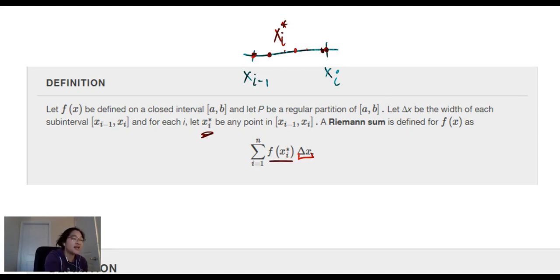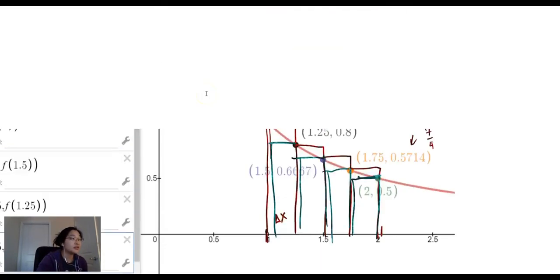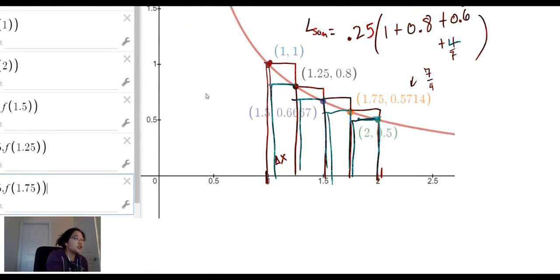But the height of our rectangle is given by any value within that subinterval. So we could evaluate at the middle, for example.